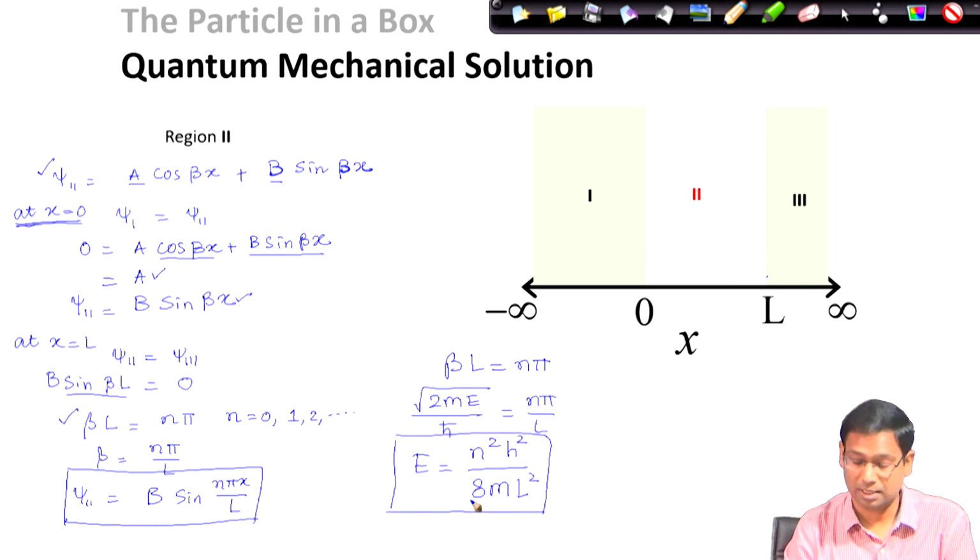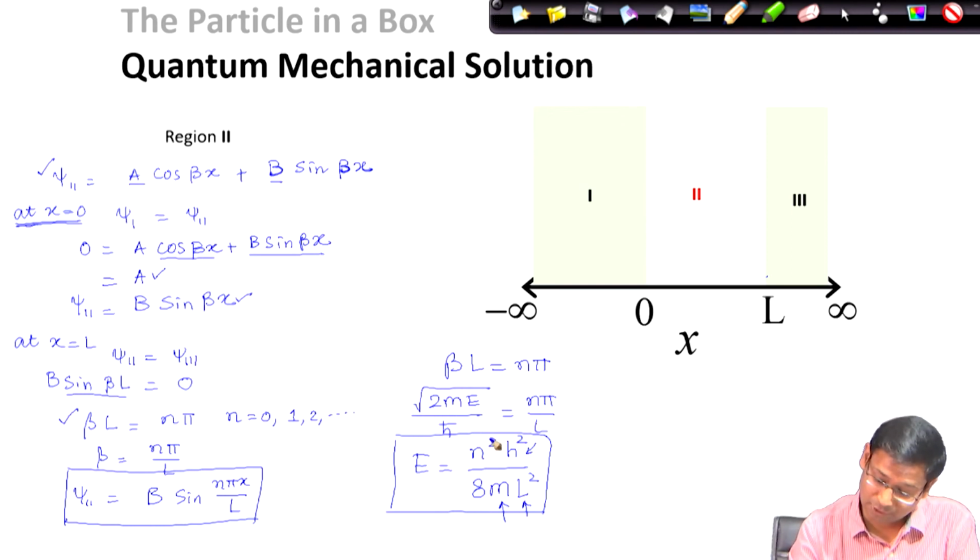Again, let us look at the energy expression. Energy depends on the length of the box, that makes sense. Energy depends on the mass of the particle. Energy depends on h, which is actually a universal constant, the Planck's constant, but energy also depends on another variable n, which can go from 0, 1, 2, 3, so on and so forth.